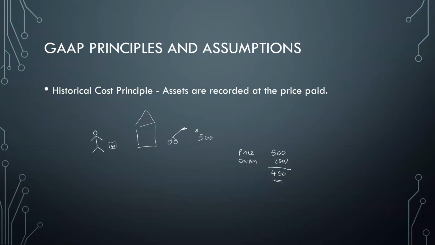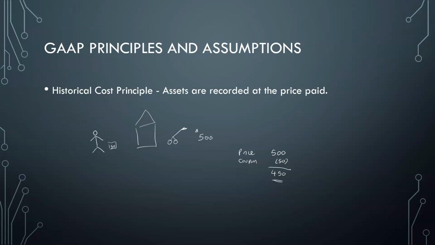When you look at a set of financial statements, any assets that are in those financial statements are recorded at the price paid. It was recorded at the price that was paid by the business to purchase it. So let's say that you're looking at the financial statement of a company and it has land, and the dollar amount of that land in the financial statements is $100,000.